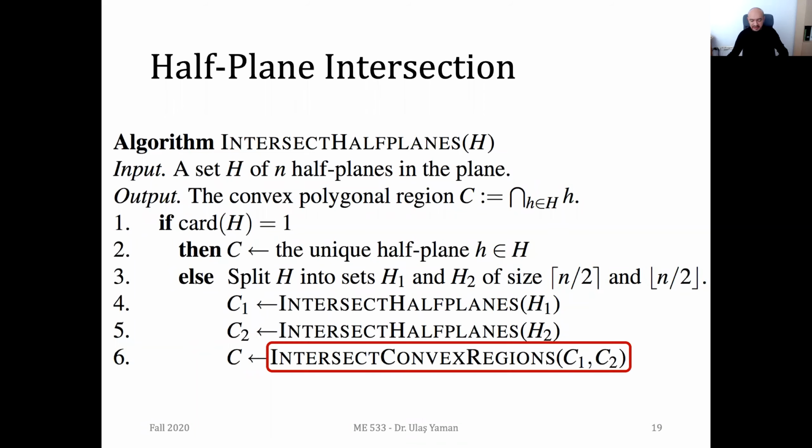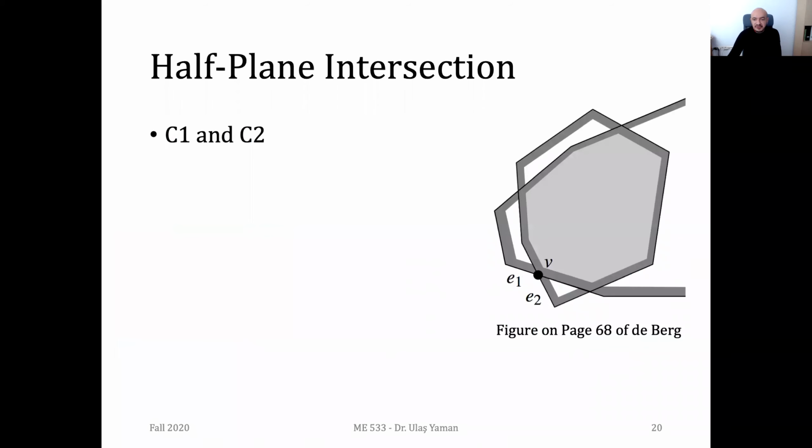So let's spend some time on this one. These are two convex regions, C1 and C2. You see an example. Sometimes they will have such intersection points like V here, and we have an H1 of C1 and H2 of C2. So we will do some computation and try to find these intersection points.